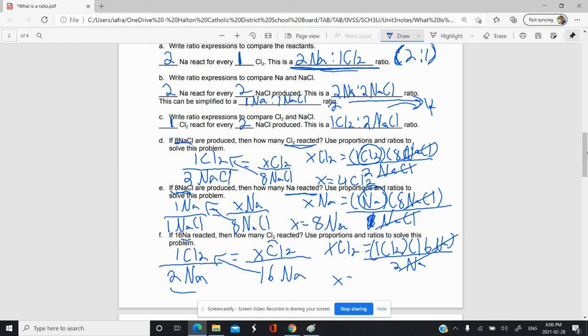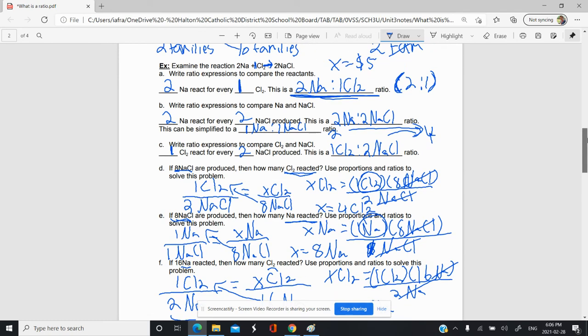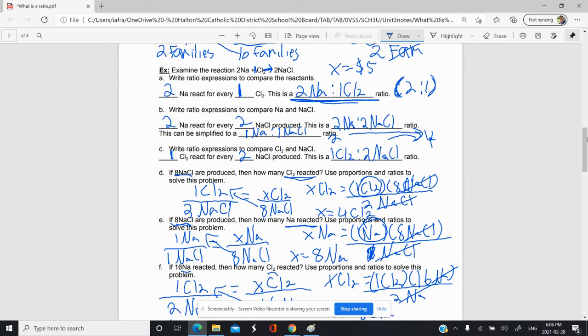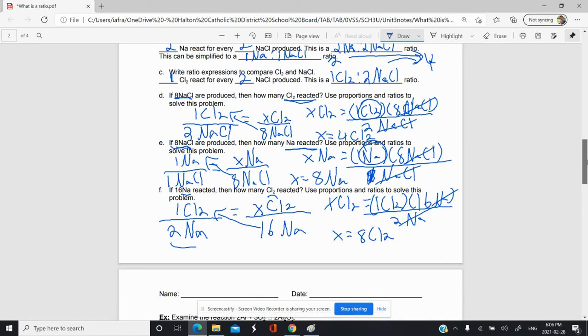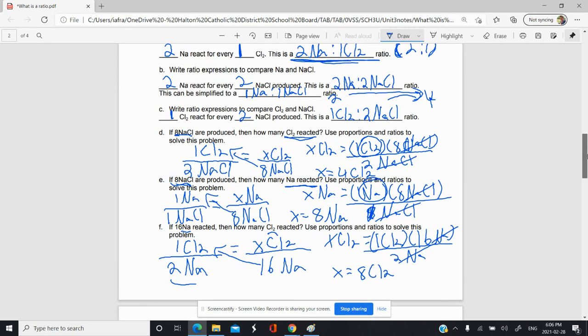And we get x is equal to 1 times 16 divided by 2, 8 Cl2 molecules must have reacted because it's a 2-to-1 ratio. If you look at our equation up here, if we have 2, we have 1. So if I had 16 Na, I'd have half of that, I'd have 8 Cl2. So we maintain the same proportions in these chemical reactions. That's actually how they work.